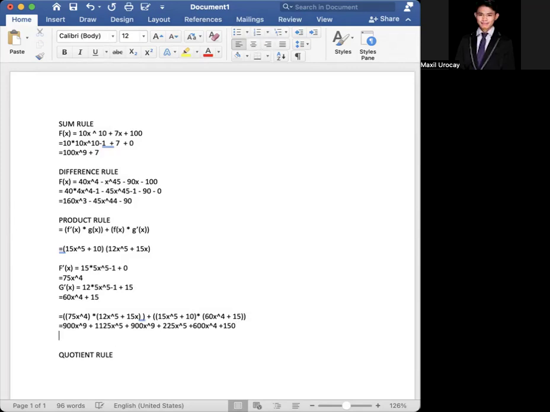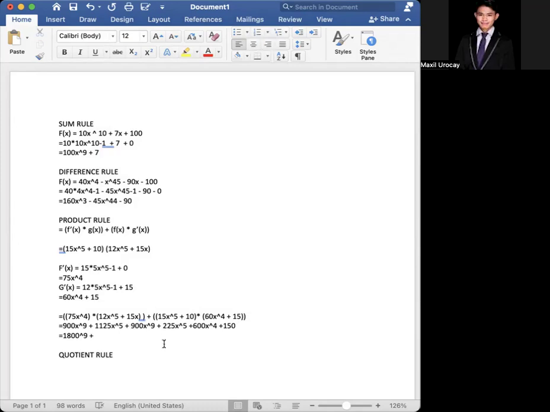So what you will need to do is combine each term. There is 900 plus 900, that is basically 1,800x to the power of 9. Like that.